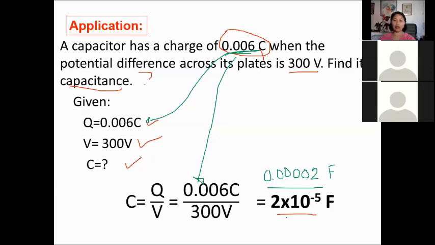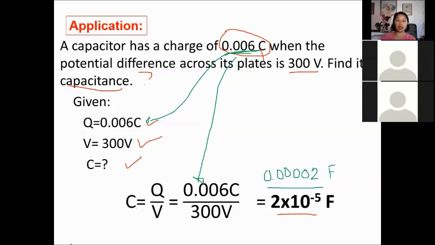Pero pag naka-scientific notation, 2 to the power of negative 5. Nakuha na ba ninyo to? Dalawang zeros lang talaga. 2 zeros na ha, 0.006. Hindi na natin i-alter yung given sa problem.